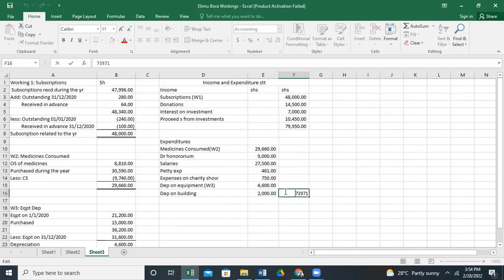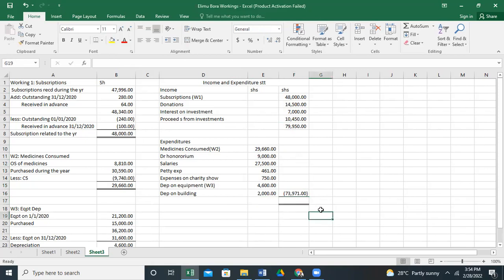So this amount is supposed to be in bracket because we are deducting the income from the expenditure, and the figure that we are going to get down there will be our figure for either surplus or deficit.